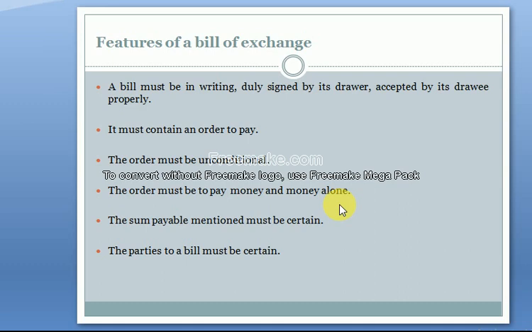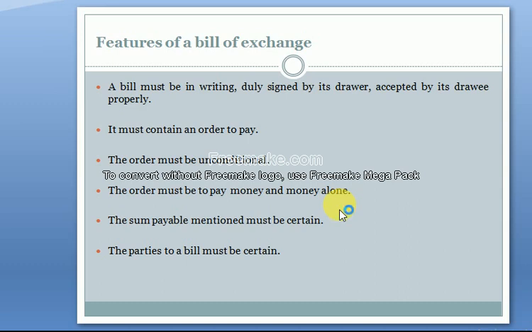On the other side, if the funds are to be paid at a future set date, it is known as a time draft. It means that the future payment date is mentioned in the bill of exchange, so that bill of exchange is called a time draft.